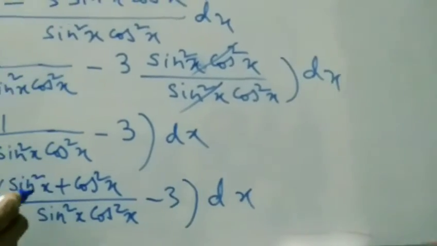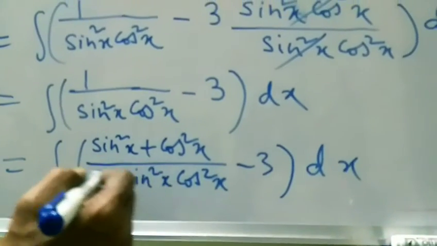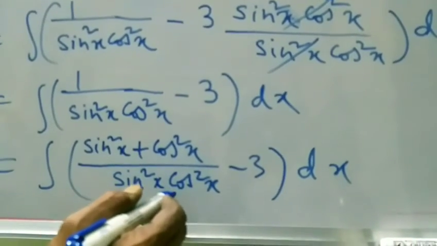Here again we have two terms: sin square x plus cos square x divided by sin square x into cos square x.